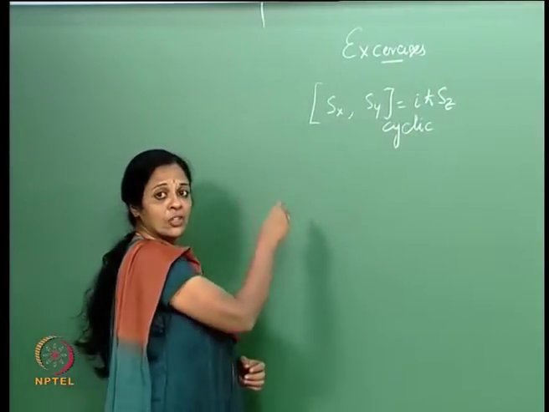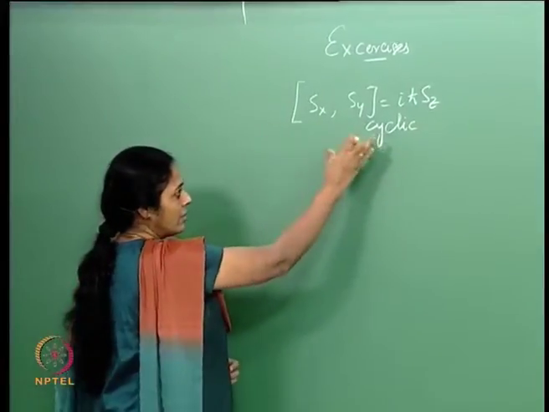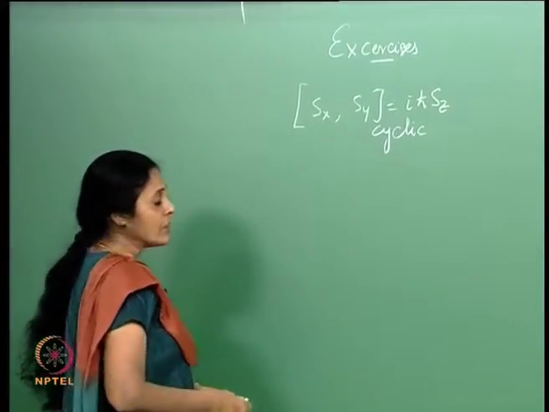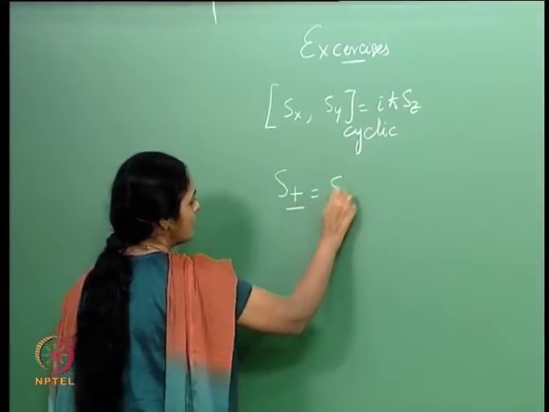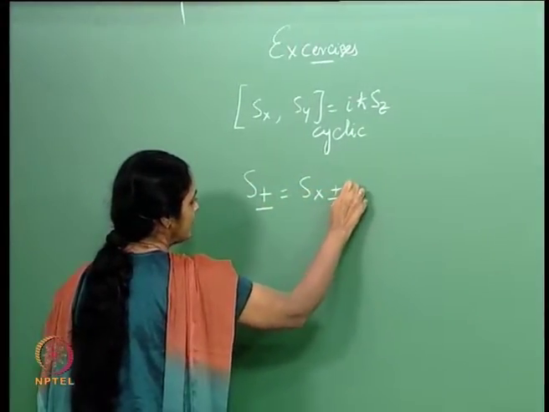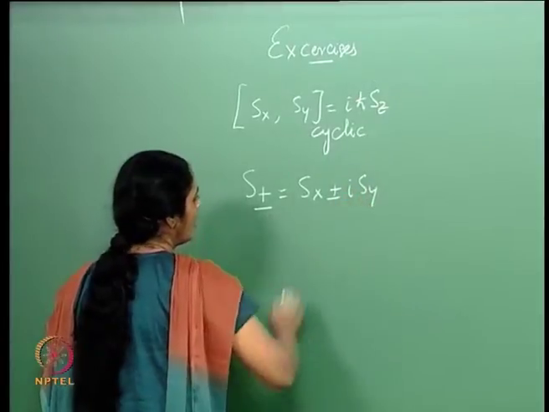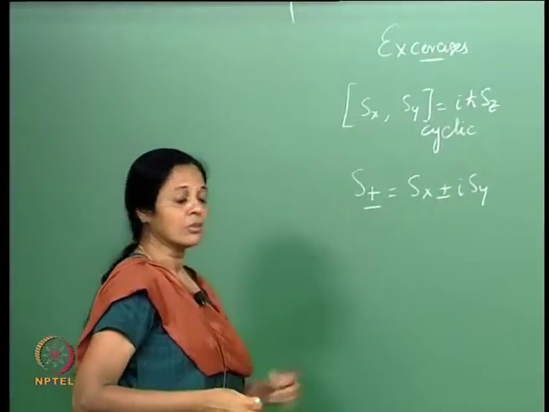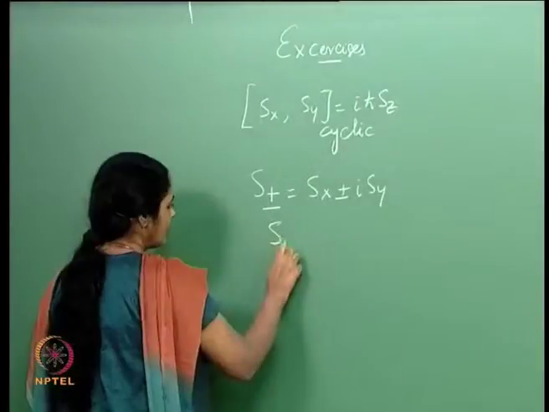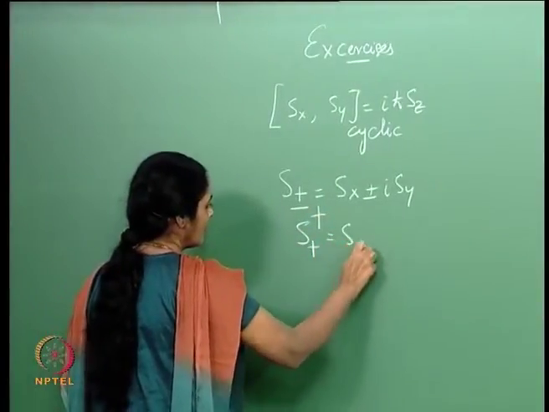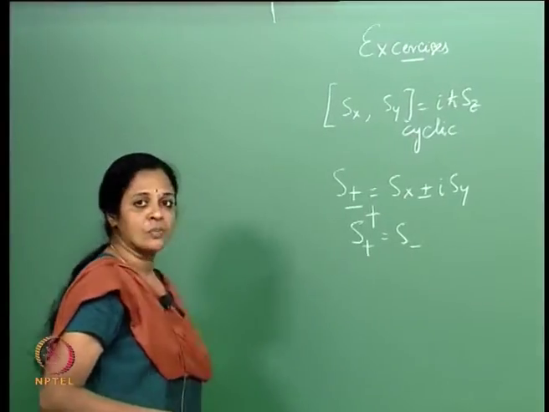You could have written the commutator this way and therefore the algebra in this fashion, or you can define S plus and S minus as Sx plus or minus i Sy depending upon the context, and S plus dagger is S minus.